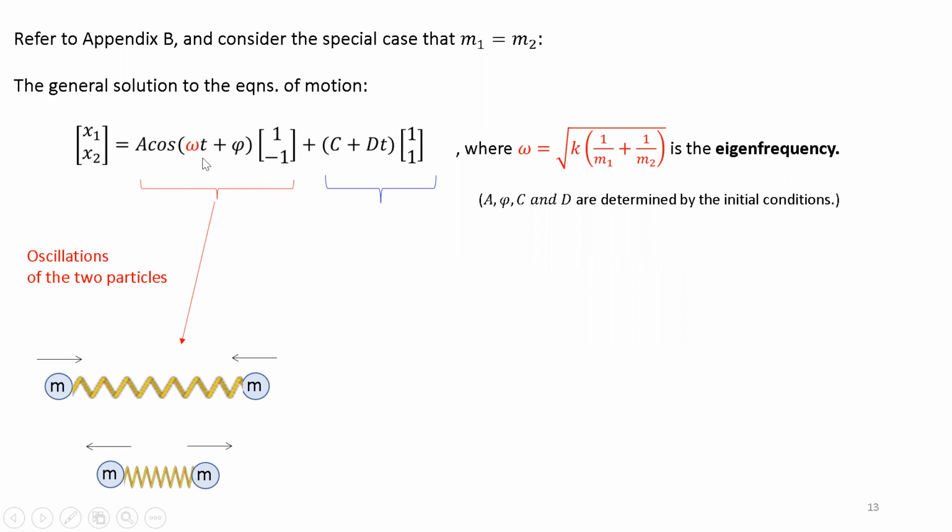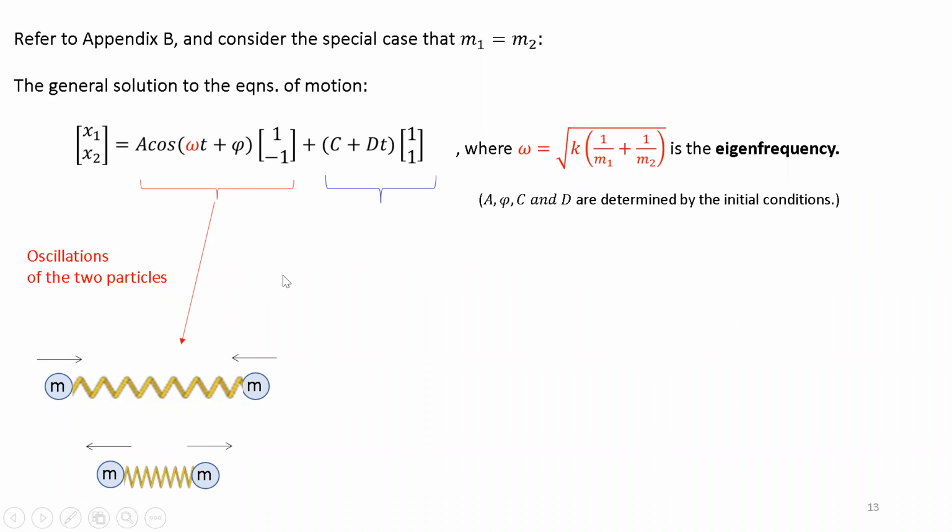That means both of them are doing sinusoidal oscillation, but they are exactly out of phase. I've already explained this picture previously: this one moves to the right, this one moves to the left, and then when it moves back, the other one moves to the right. This is the oscillation of the two particles.